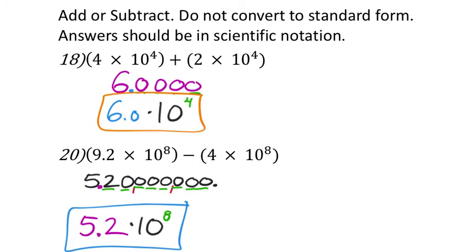Now I know up here it said do not convert to standard form. We're going to pretend like that wasn't there. So you're welcome to if you'd like. I mean, we did it right here, but again, that's a valid method if you do change these into standard form and then perform your operation and then change it back to scientific notation. That's okay. So that's crucial to understand, especially when they're the same.